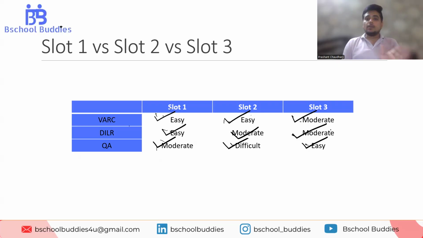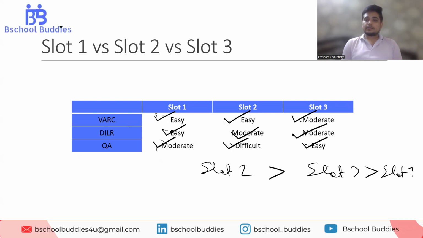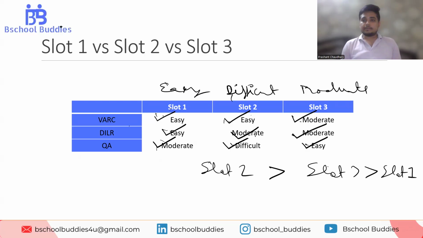So if I need to compare slot 1 versus slot 2 versus slot 3, you will find slot 2 comes out to be the hardest one, after that slot 3, and after that slot 1. That means if I compare these three slots, I can say slot 2 was difficult, slot 3 was moderate, and slot 1 was easy.